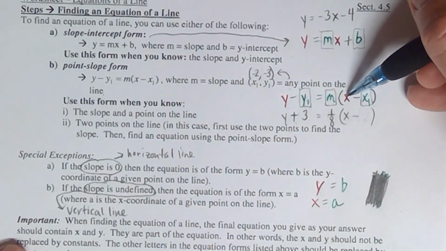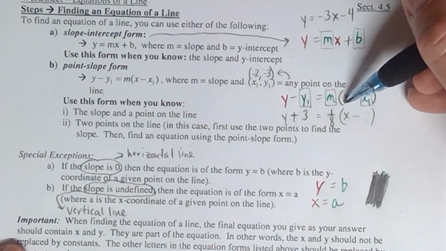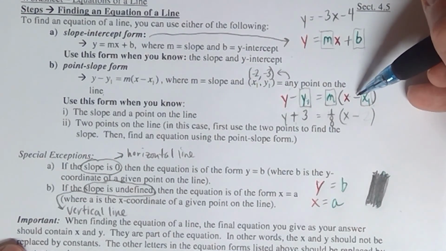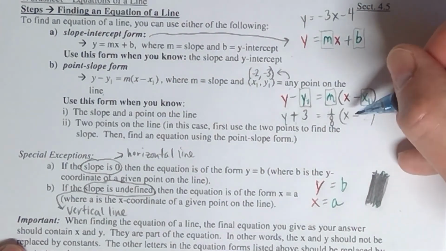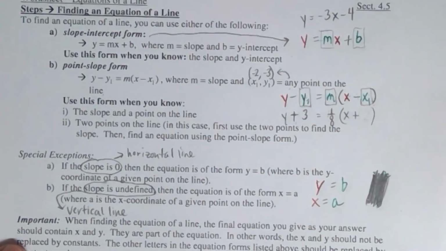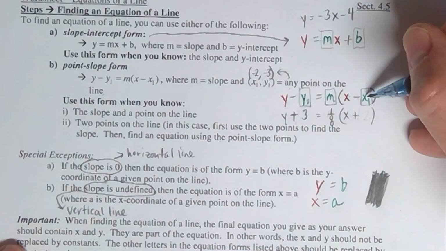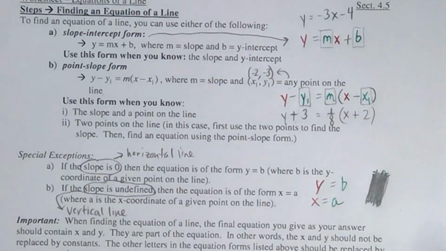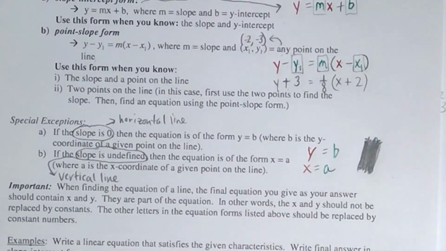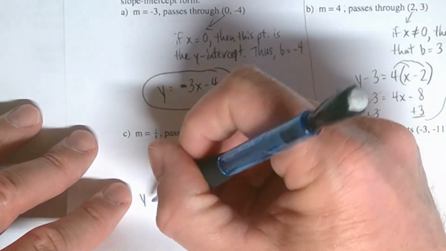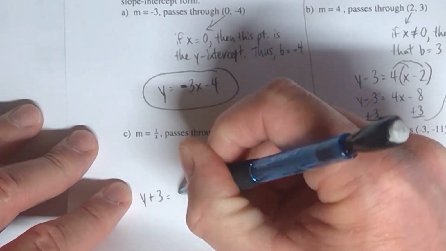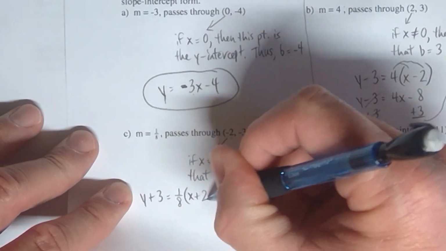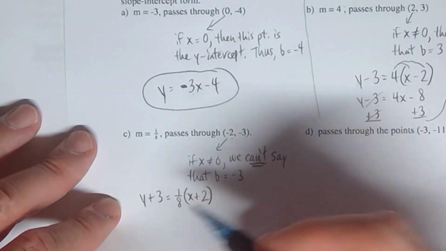The first term, here it's positive x, but it doesn't matter what the sign of the first term is, okay? It's just if you have a term minus a negative term, then that second term there becomes a plus in front of it. Minus -2 becomes +2, okay, because of the double negative. So let's bring that down. Y plus 3, equals 1/8, x plus 2, with the equal sign, don't forget that as well.